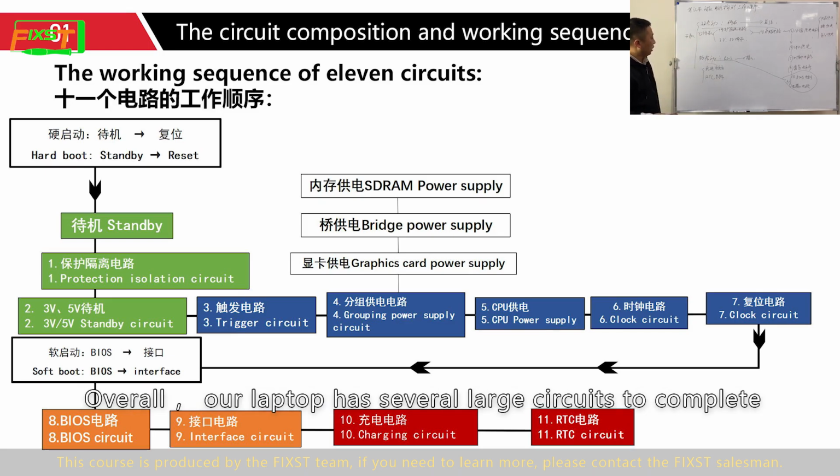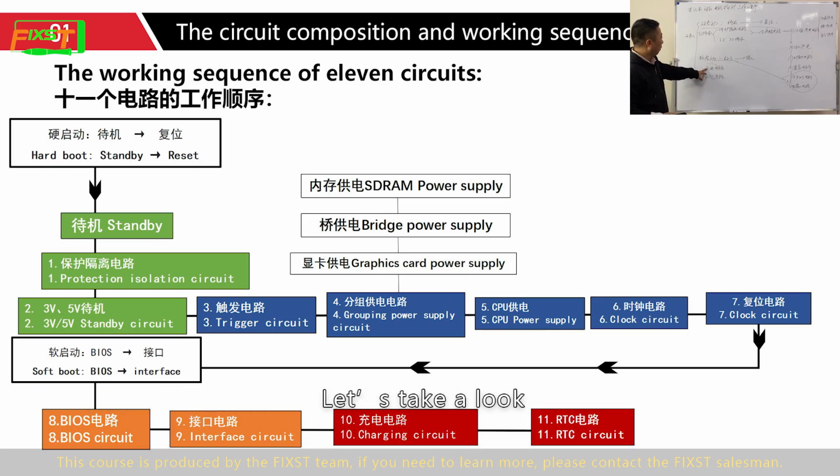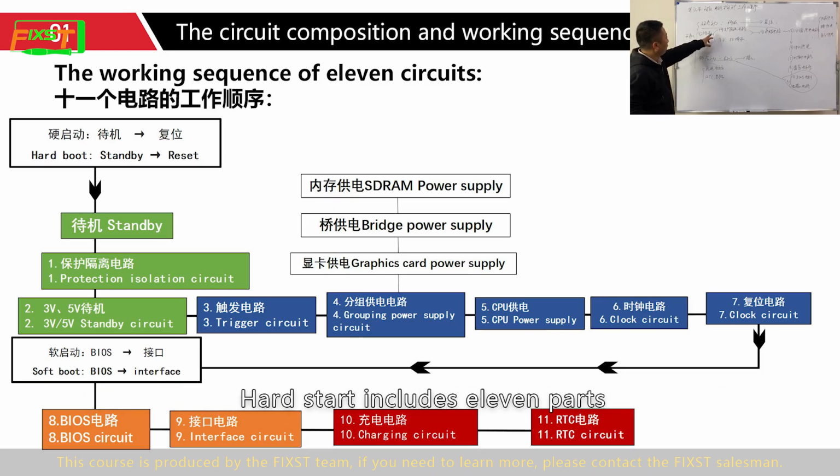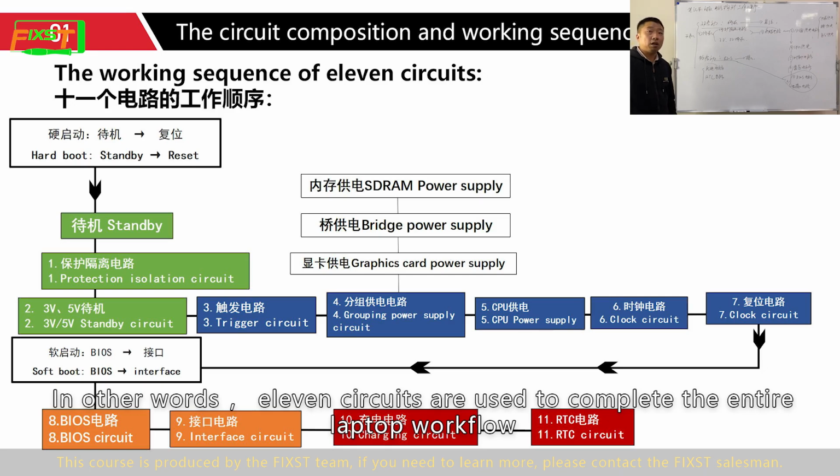Overall, our laptop has several large circuits to complete. Let's take a look. Hard start includes 11 parts. In other words, 11 circuits are used to complete the entire laptop workflow.